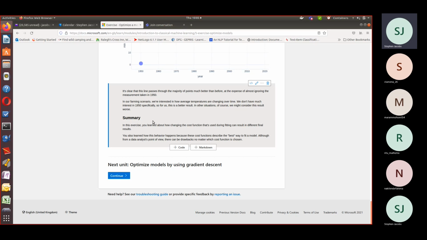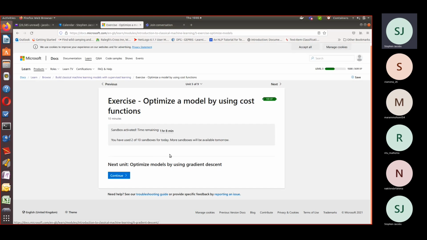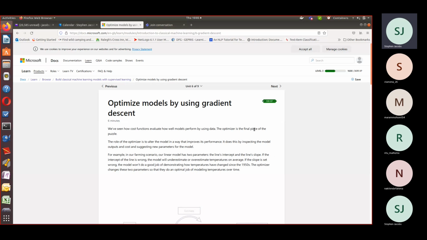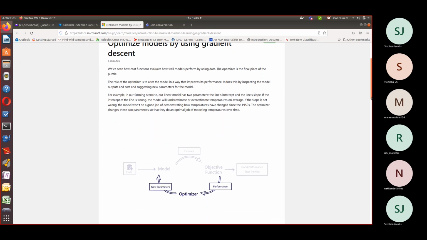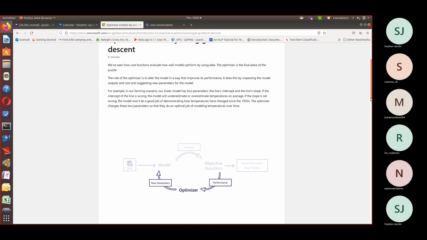So turning points are interesting, and that's what gradient descent is largely about, finding the turning point. So we're going to optimize our model using gradient descent. Now I want you to read this carefully in about 5 minutes to understand the process of gradient descent. It's a very commonly used optimization technique.